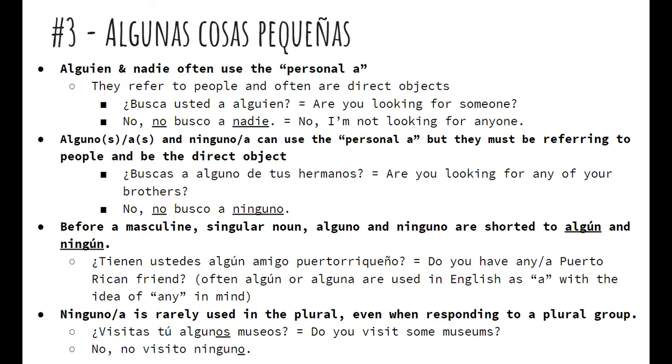Something just to keep in mind with when you use alguno and when you use your plural indefinite articles for some: algunos or algunas is used more with like an abstract sum. Unos or unas is used more when it's referencing a particular amount.